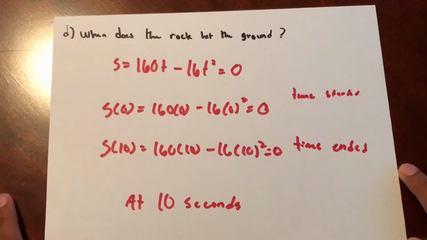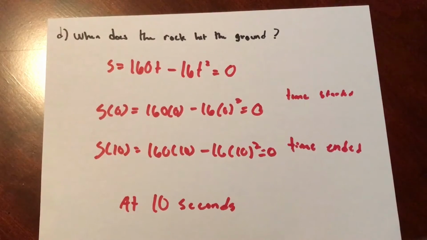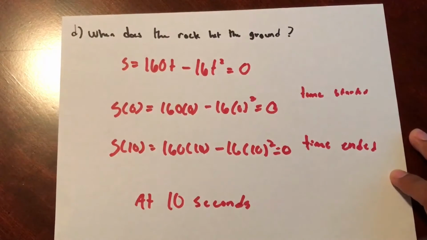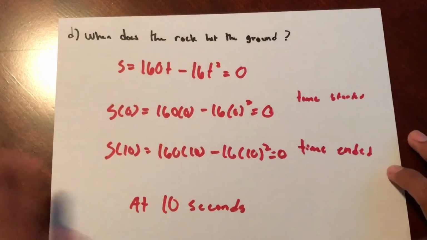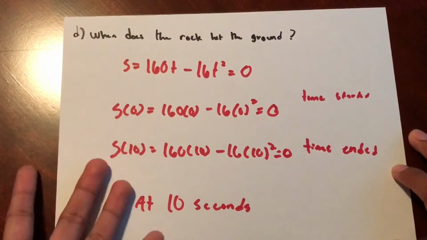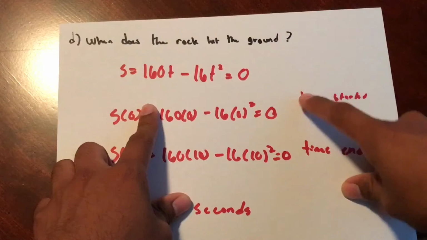And finally, part D. When does the rock hit the ground? For this, we're going to have to find the zeros of the function s. Unlike the other question, we don't have to use 256, because that was just 256 above the ground and didn't give a specific time. We're looking for the final time at which the rock hits the ground.